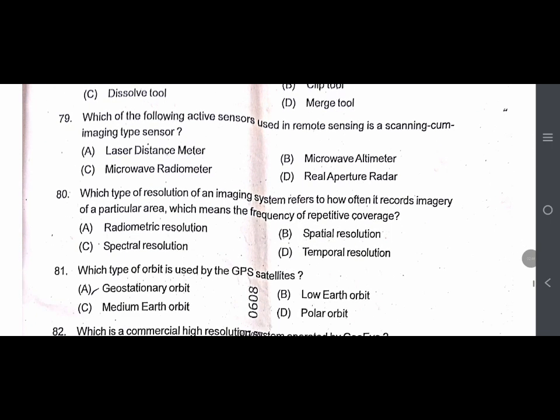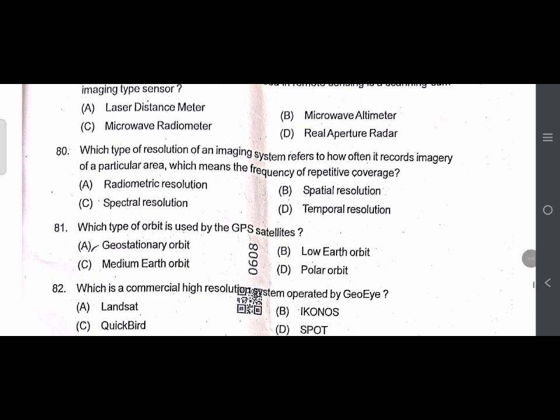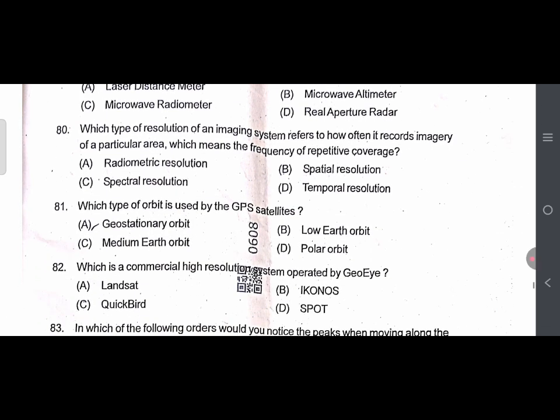79. Which of the following active sensors used in remote sensing is a scanning imaging type sensor? Okay, answer to be D, synthetic aperture radar. 80. Which type of resolution of an imaging system refers to how often it records imagery of a particular area, which means the frequency of repetitive coverage?